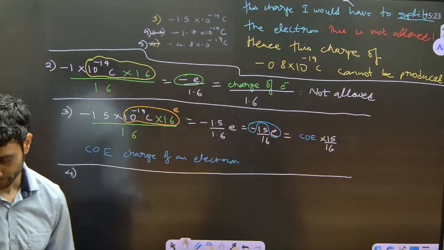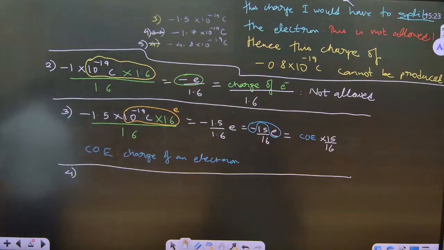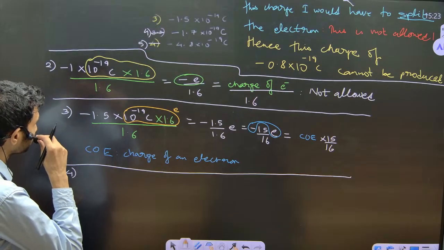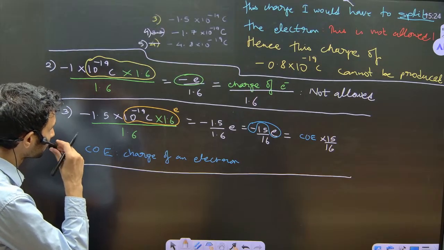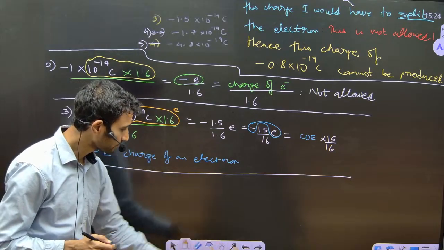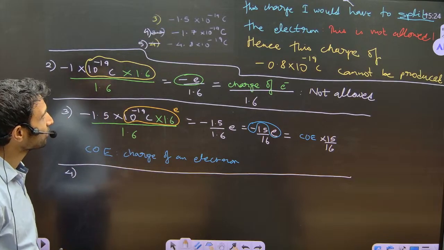Take a look and tell me. So the way we have dealt with the third part, can you kids tell me what the fourth part will be? Can you directly tell me what the fourth part will turn out to be?